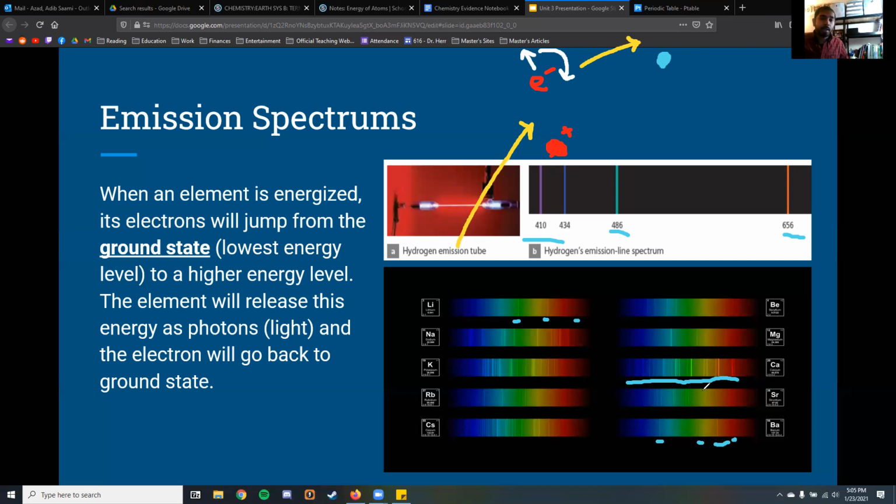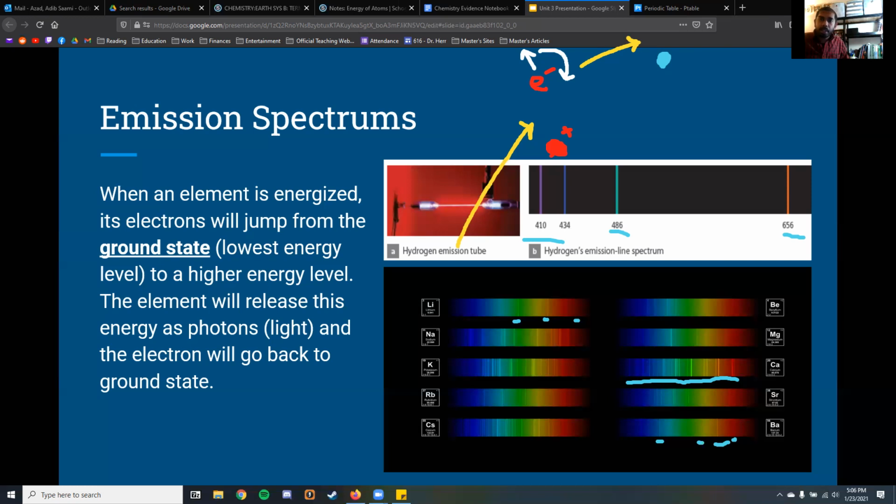You could identify an element based purely on its emission spectrum. And this is actually how astronomers find unique elements out there in space. They look at the light, they divide the light into these spectrums, and they're like, oh, okay, this has got a lot of hydrogen out here. That's how we identify stuff in our space.